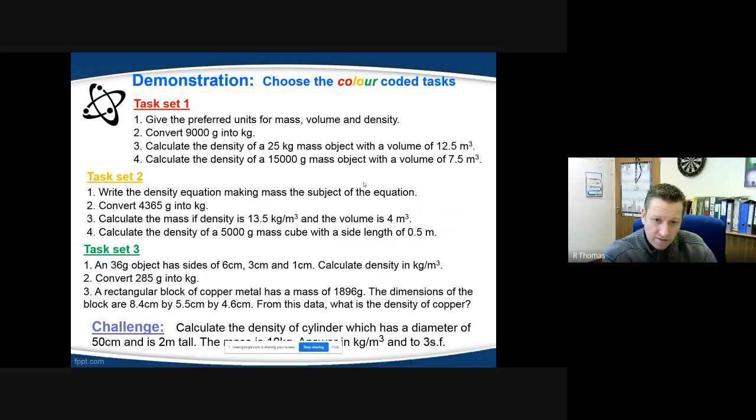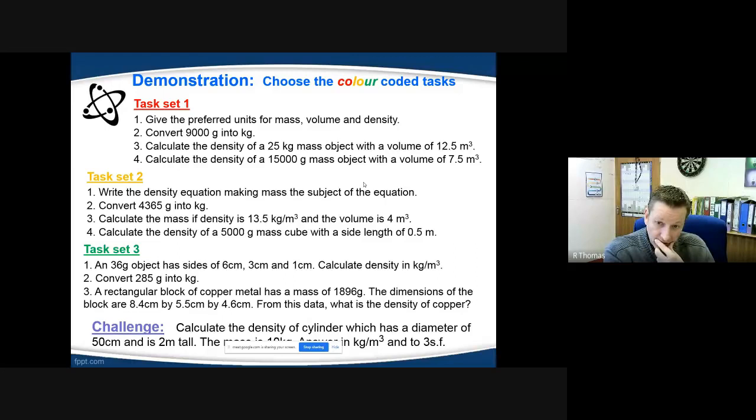Calculate the density of a 5,000 gram mass cube with a side length of 0.5 meters. So you might have fallen into the trap here and assumed that that 0.5 is the volume, and it's not, okay? So first of all, the 5,000 grams has to be converted into 5 kilograms, right? Now the cube means the length, the width, and the height are all the same.